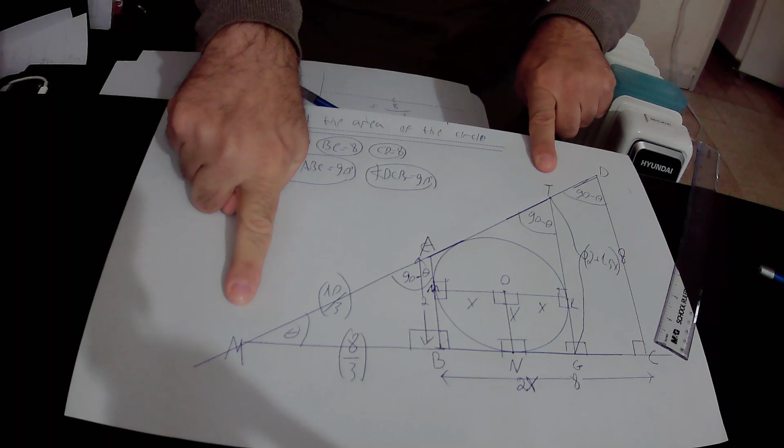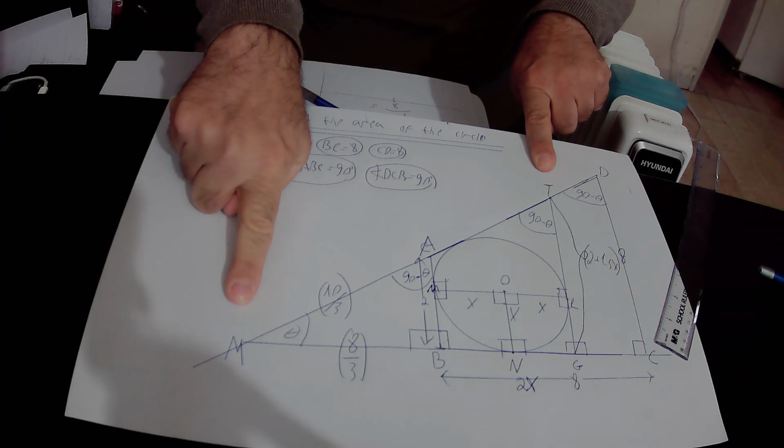From the drawing it is very easy to see that TM equals TA plus AM. AM is 8 over 3, so in total TM equals TA plus 8 over 3.